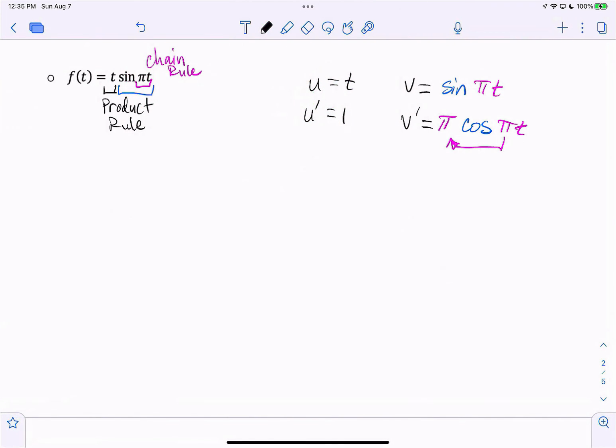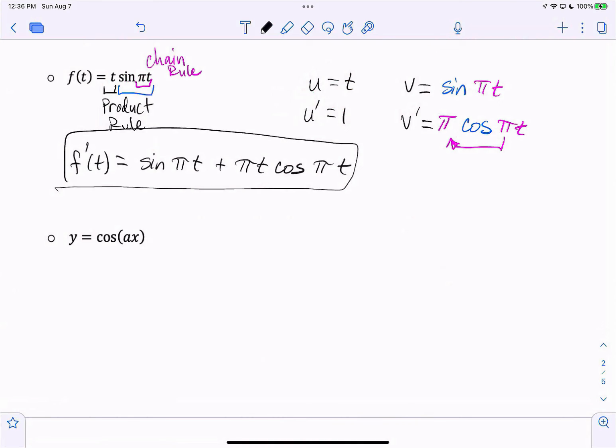Now to use the product rule, I'm going to write down f prime of t is equal to u prime v plus u v prime. So f prime of t is equal to the sine of pi t plus pi t times the cosine of pi t.